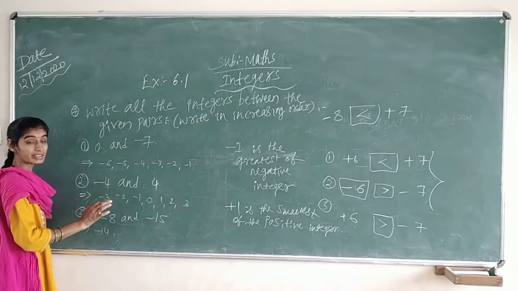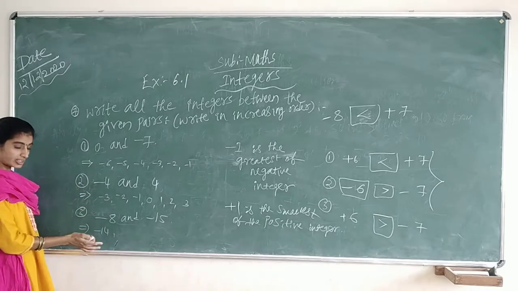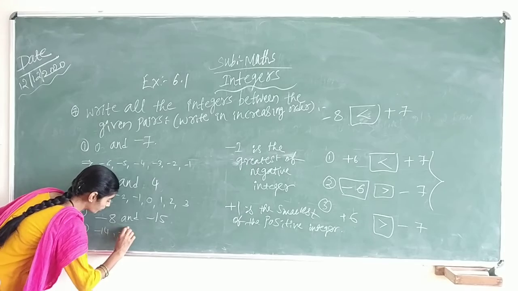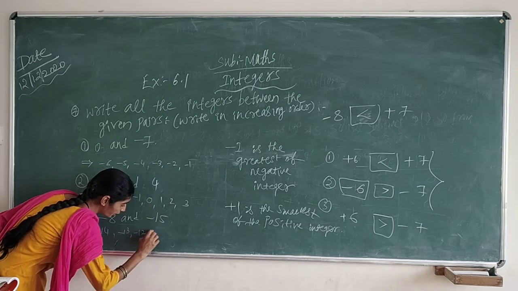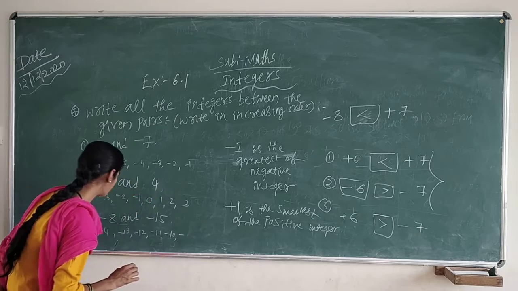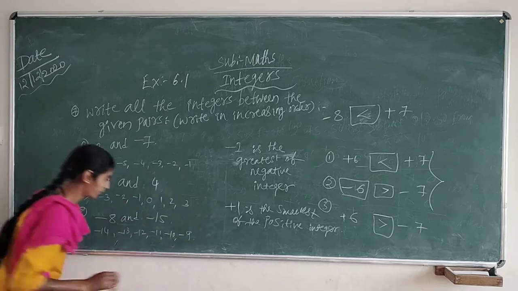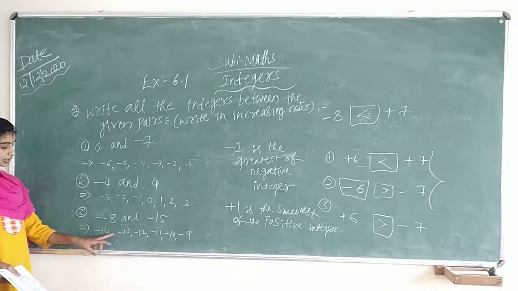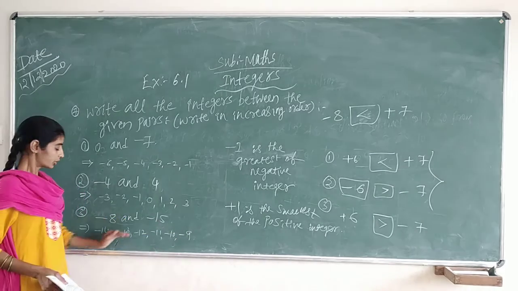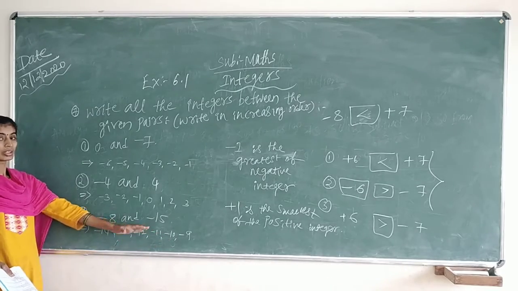Don't start with minus 7, because minus 7 is greater than minus 14. So minus 14, minus 13, minus 12, minus 11, minus 10, like this, up to minus 9. So this is the increasing order.